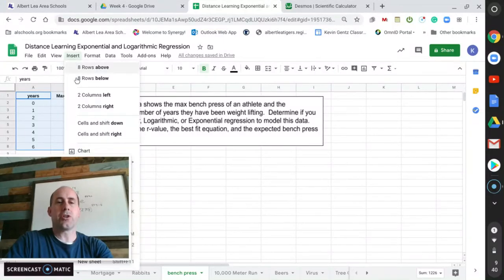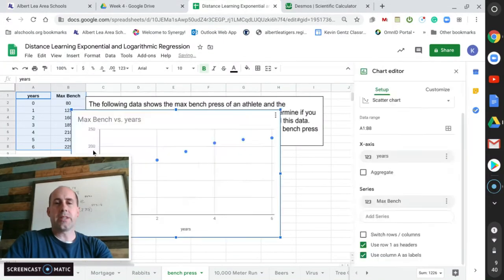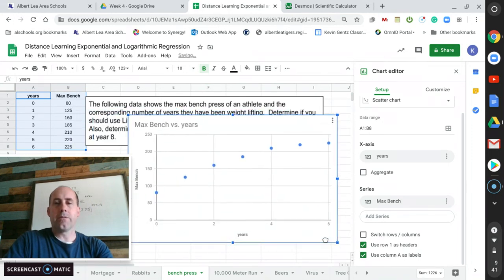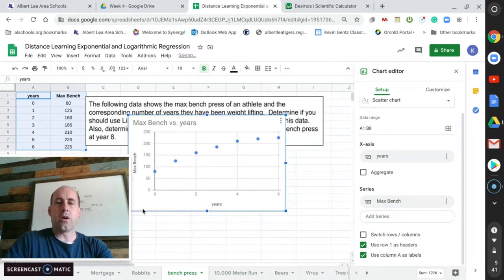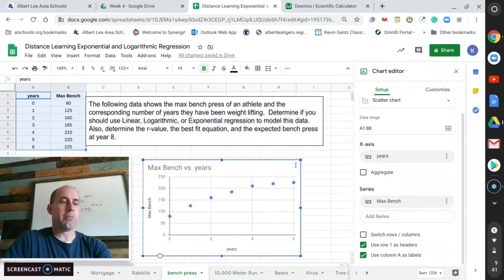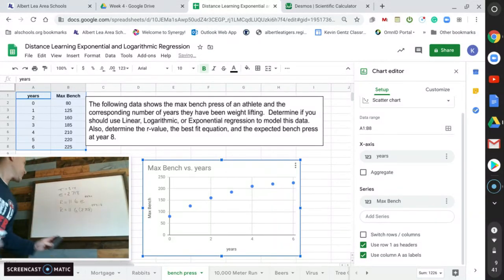So if we insert a chart here, we can see that the chart that it produces is not so much a line, but more of a curve that kind of tails off. And if you end up with a curve that kind of tails off, that is what we refer to as logarithmic regression. So I'm going to put those three options up on the board for you right now so you can see.